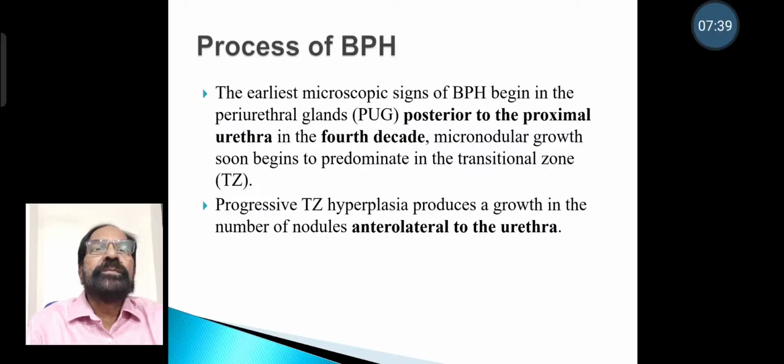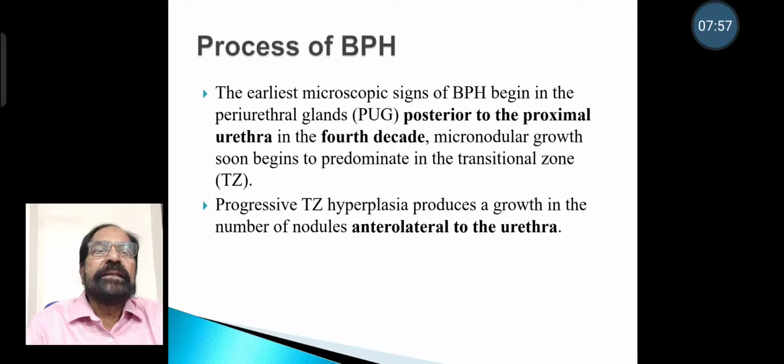The process of BPH. The earliest microscopic signs of benign prostatic hypertrophy begin in the periurethral glands, posterior to the proximal urethra.